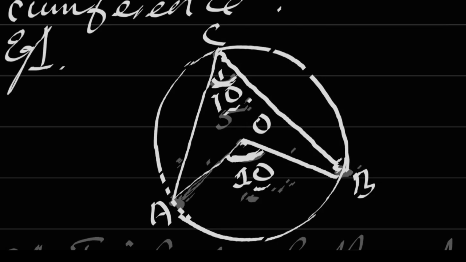Now, this angle at center, that I call angle 20, starts from this point A. This is the takeoff point, and then this is the landing point, this point B. This is where it lands. So these are the legs here.